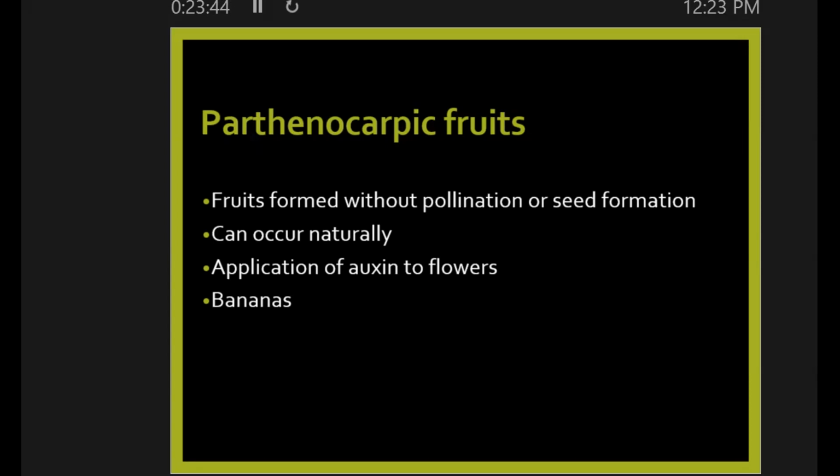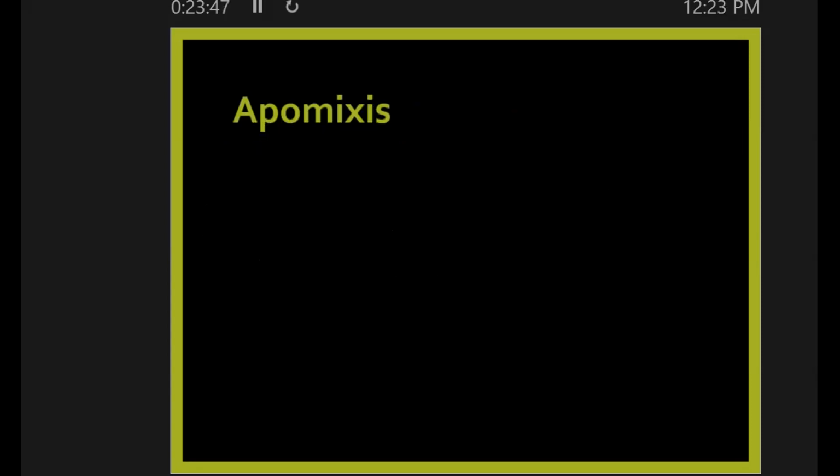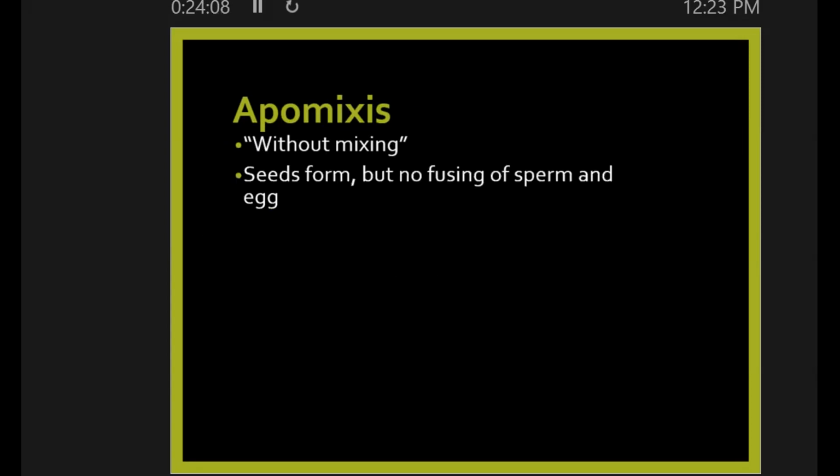And then the other idea I wanted to mention, please know the difference between parthenocarpic and apomixis. When you see a in front of a science word, it means without. And pomixis is dealing with the idea of mixing. So what that is saying is that you get these seeds, but it isn't because of a sperm fertilizing an egg.